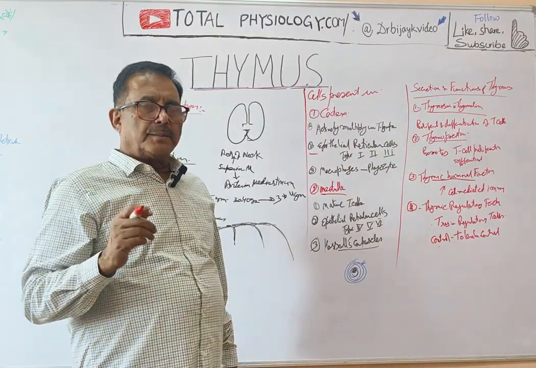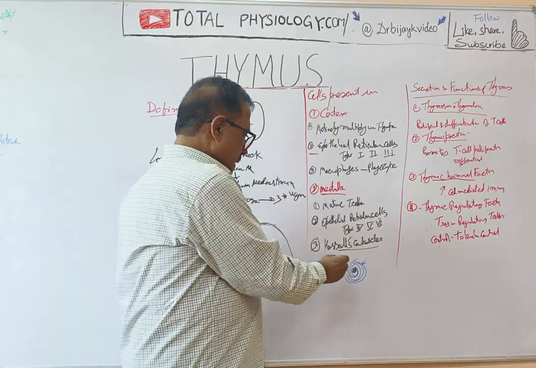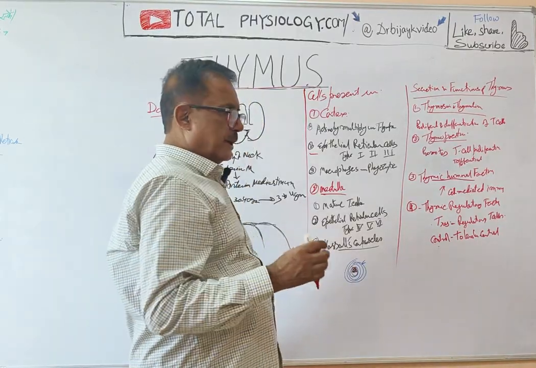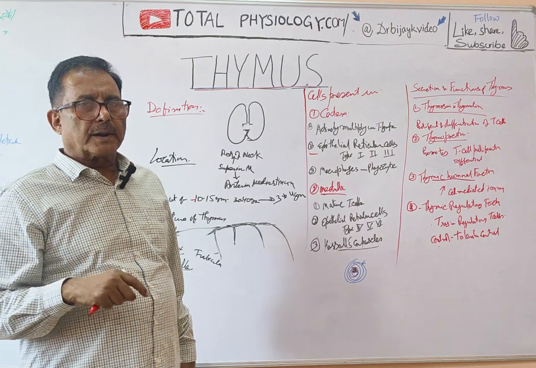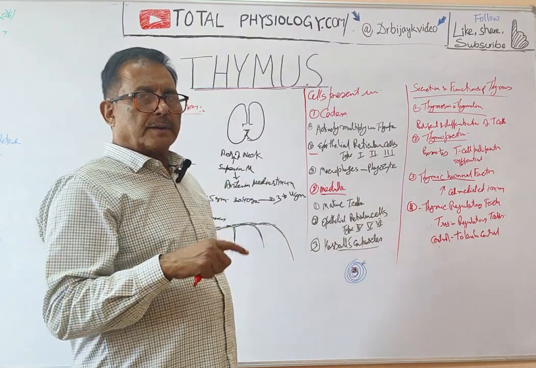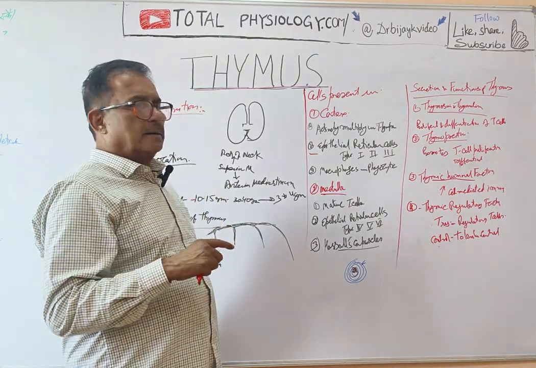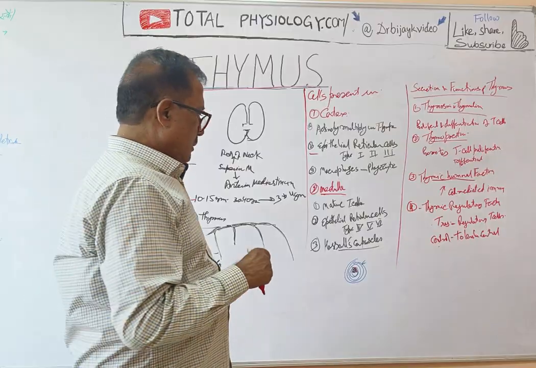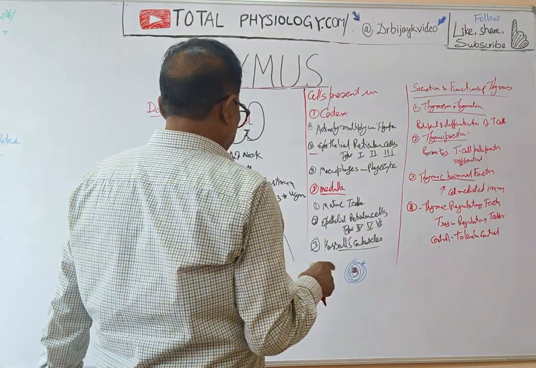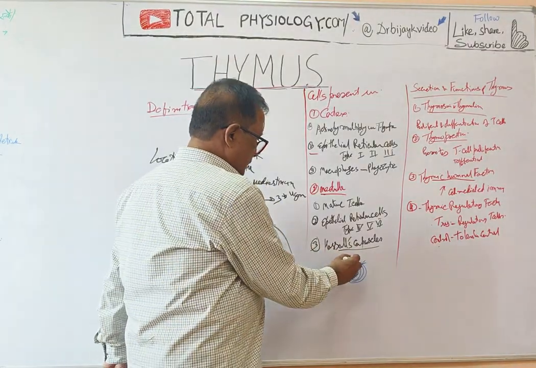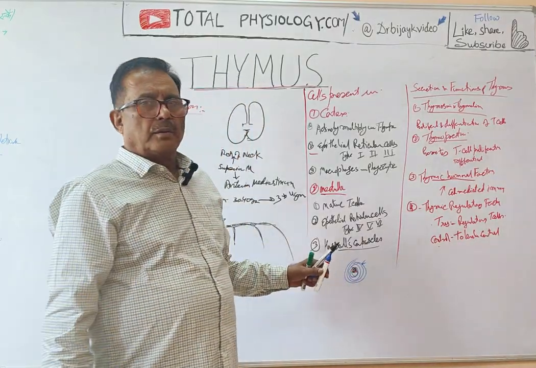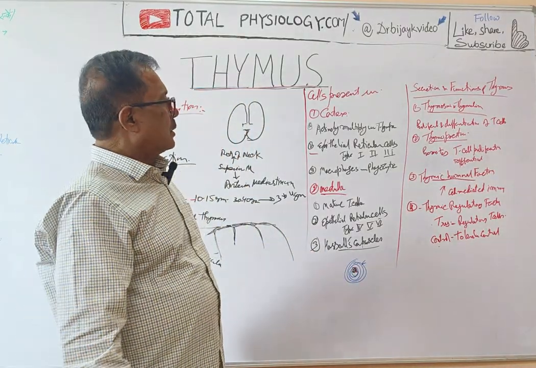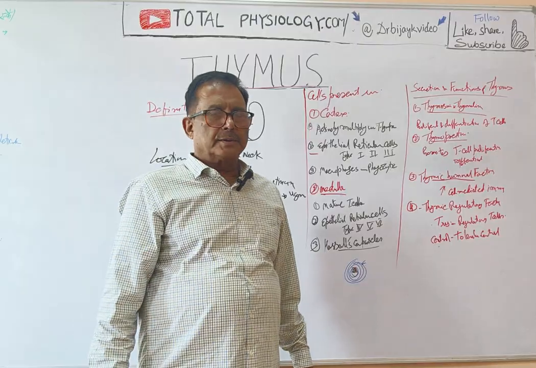Its structure is very peculiar. In the center, an opaque hyaline substance is covered by concentric rings of keratinized epithelial reticular cells. This is very specific to thymus.